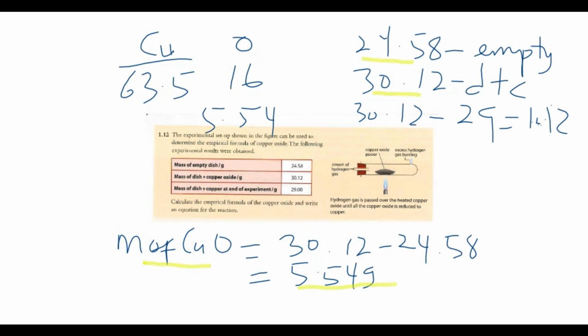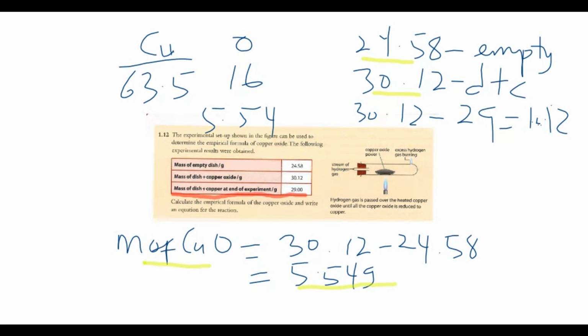This information is very, very important. We are being told the mass of the dish and copper at the end of the experiment. Remember, at the end of the experiment, your oxygen would have escaped, so you'll be left with only copper. So with this mass, we can find out how much oxygen escaped.